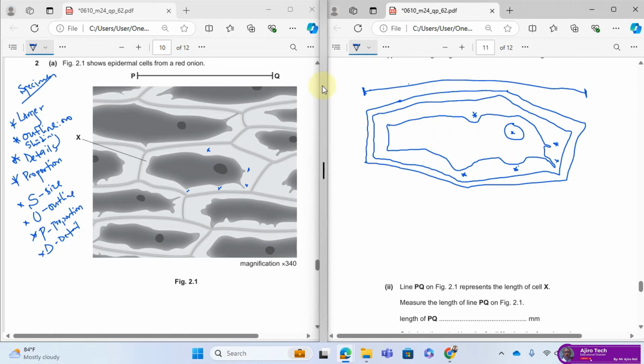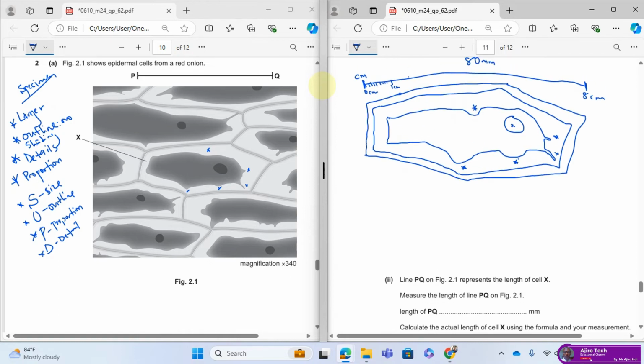On your ruler you have centimeter marks, and in between a centimeter mark you have the millimeter marks. So if this is 0 cm, this is 1 cm, in between are the millimeter marks. Let's say this is 8 centimeters, so in millimeters we have 80 millimeters.